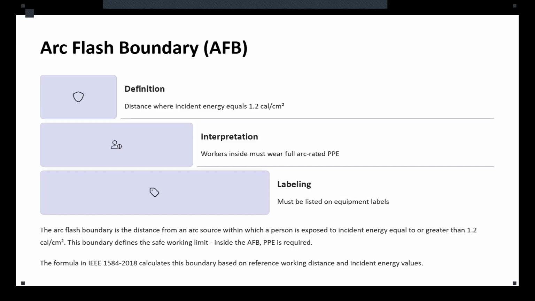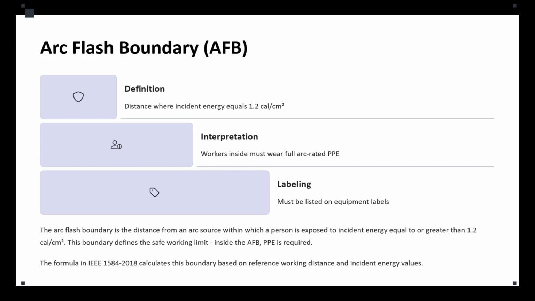The definition of the arc flash boundary is the distance from a potential arc source at which the incident energy drops to 1.2 calories per square centimeter.